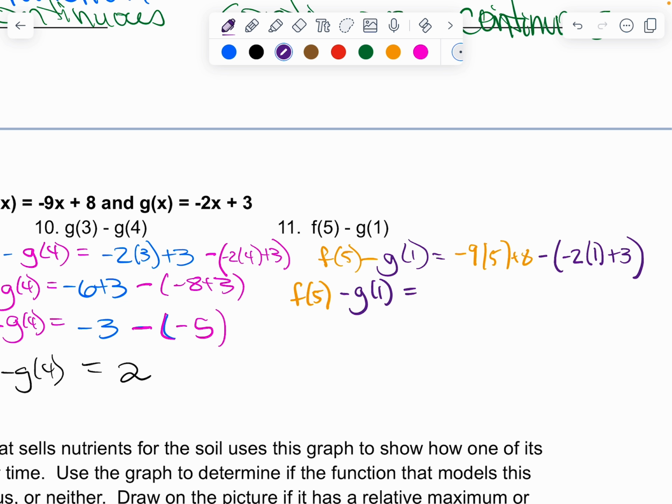So that's negative 45 plus 8 minus negative 2 plus 3.